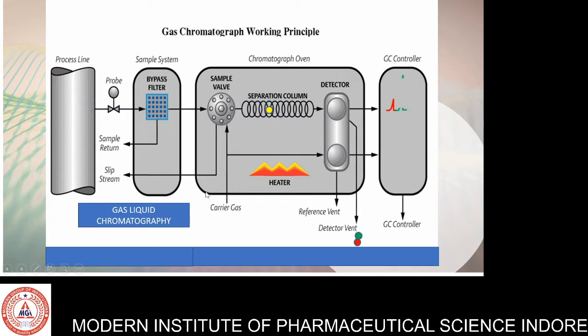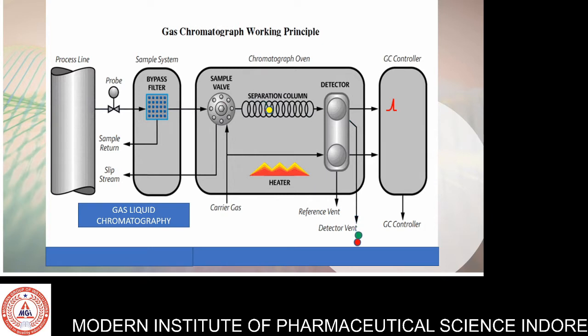Here the cylinder is attached to the gas chromatographic system, and mostly the carrier gas is in a high pressure cylinder with attendant pressure regulators and flow meters. Helium, nitrogen, hydrogen, argon are normally used as carrier gas. Helium is mostly preferred for thermal conductivity detectors.